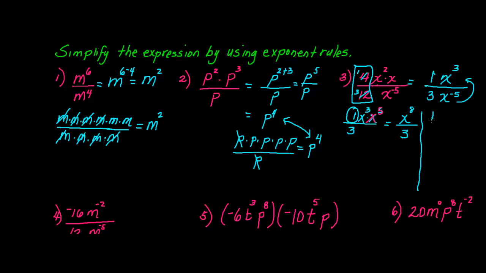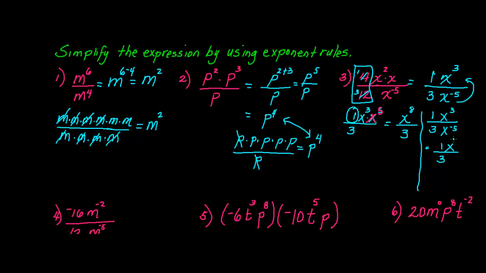You can rewrite it. I'm going to rewrite it. And the quotient of powers says if the bases are the same, you can keep the base, so that's 1 over 3. You can keep the base, here's the base, and you can subtract exponents. So I can say 3 minus negative 5.